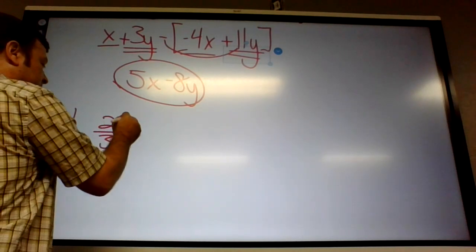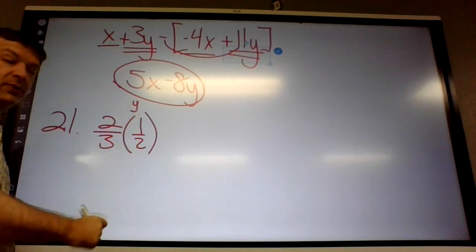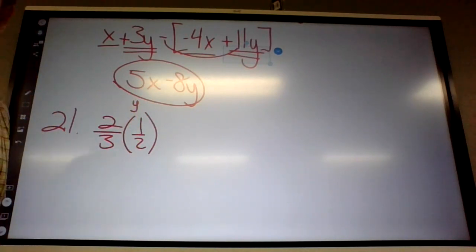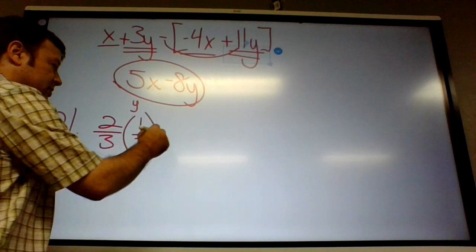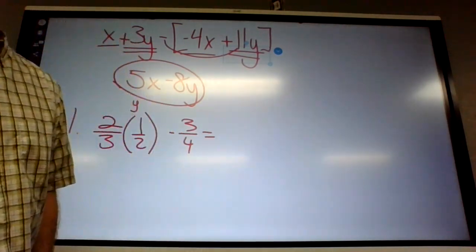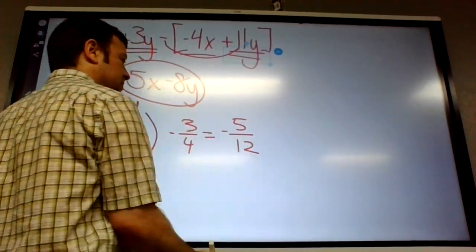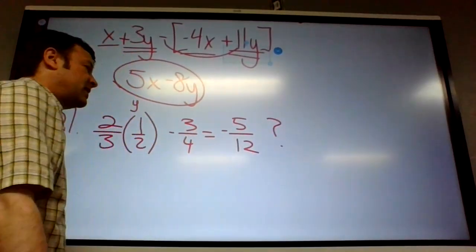So 2/3 times, replace the y with the 1/2 answer, minus 3/4, and we're supposed to say, does that actually equal negative 5/12? It's like a yes or no answer.